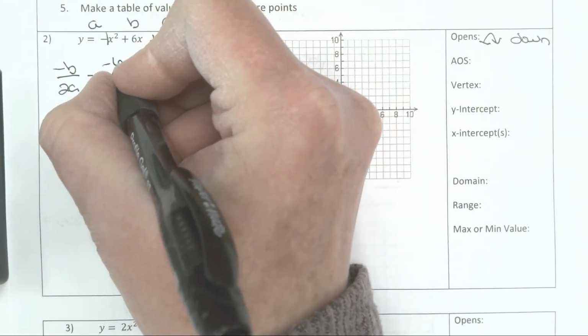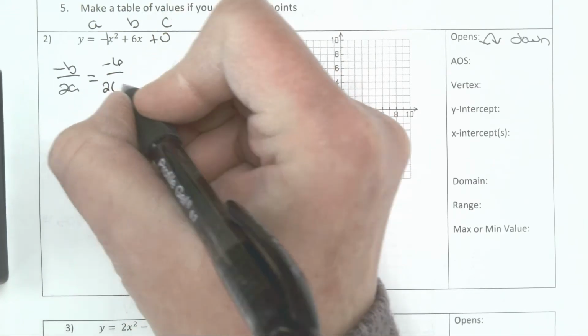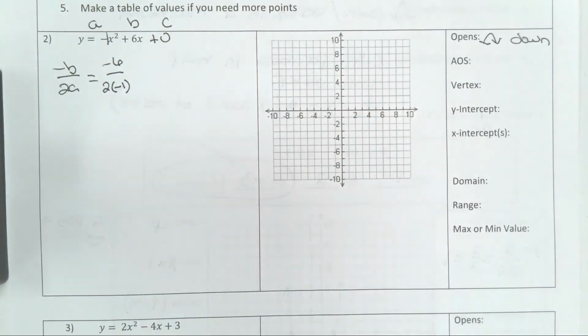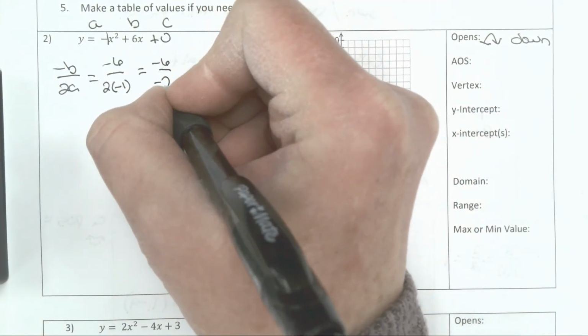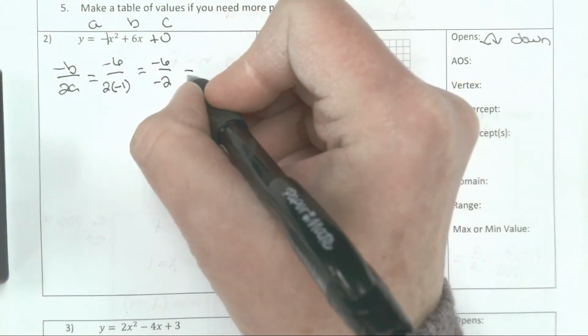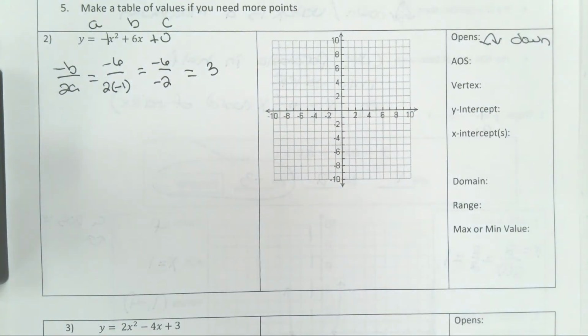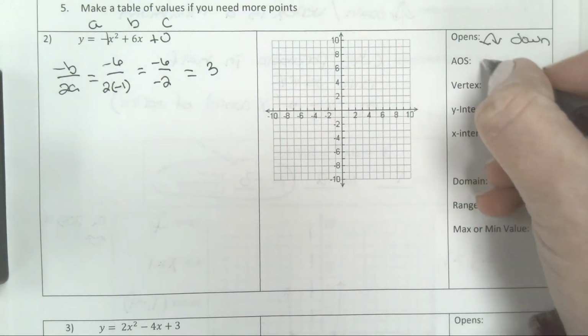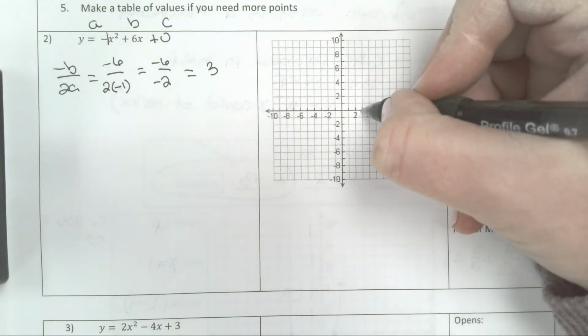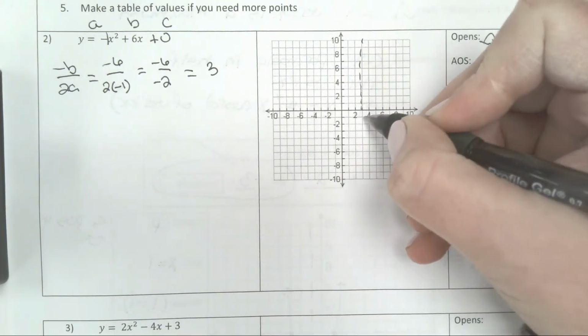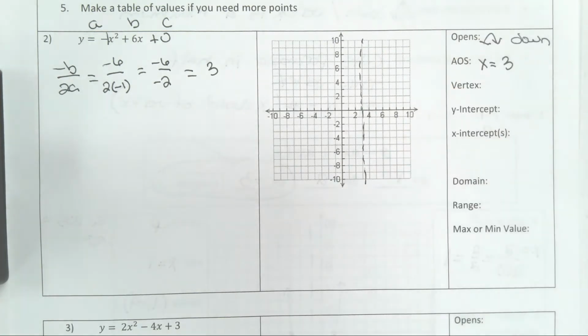So b is 6, so that means -6 over 2 times -1. So -6 divided by a -2 equals a +3. So your axis of symmetry is the line x equals 3. All right, so there's my axis of symmetry.